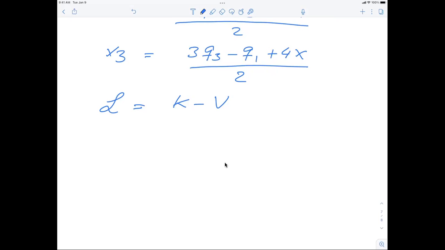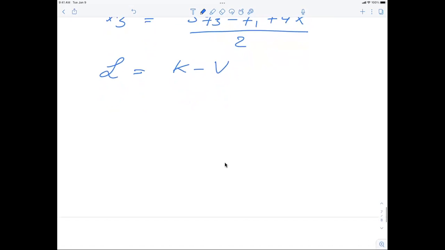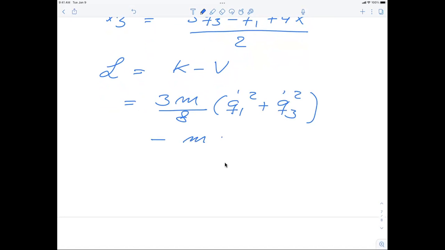If you look at these equations, we can rewrite the kinetic energy in terms of 3m divided by 8 times q1 dot squared plus q3 dot squared, minus m times q1 dot times q3 dot divided by 4, and it contains the central mass position, the derivative of that squared.